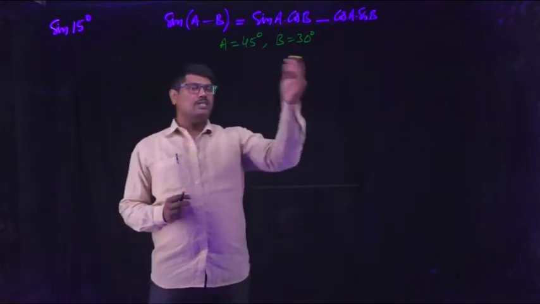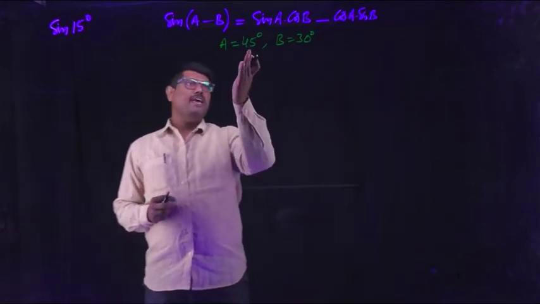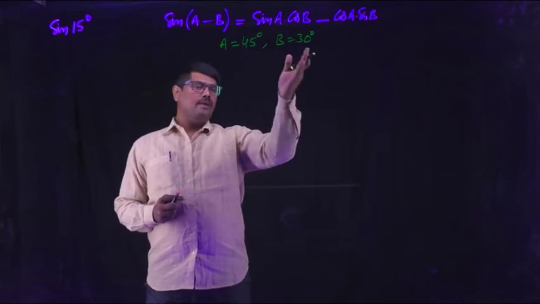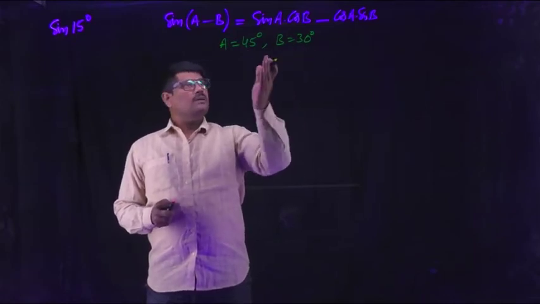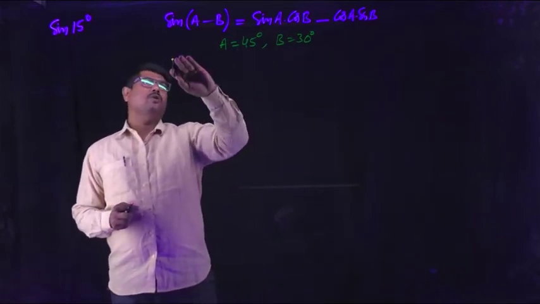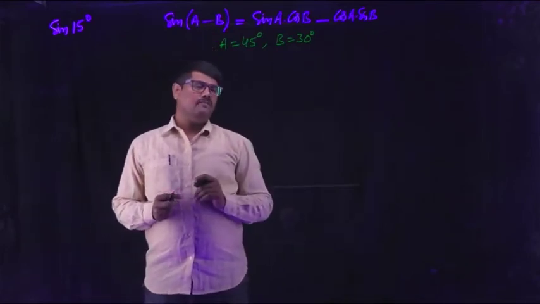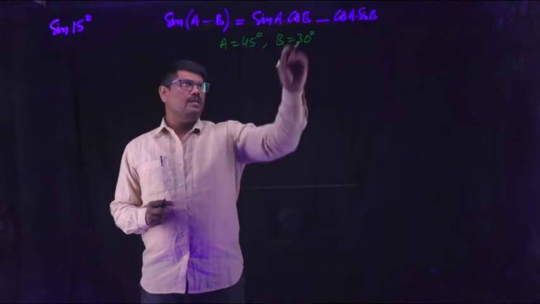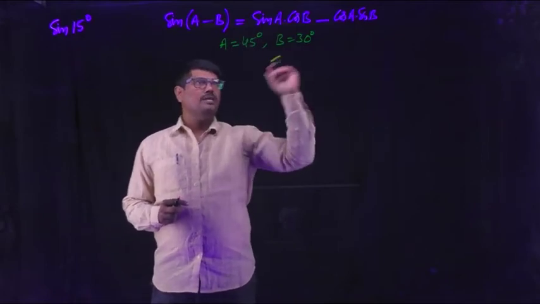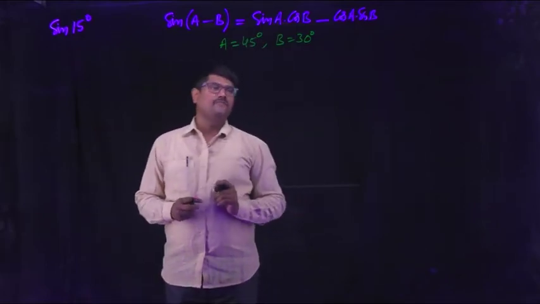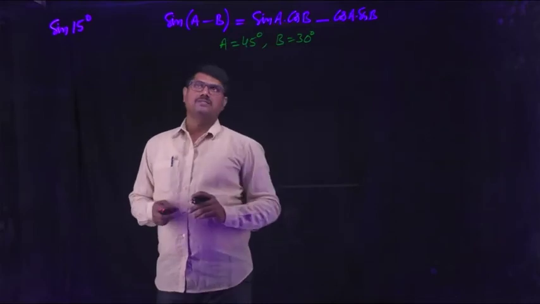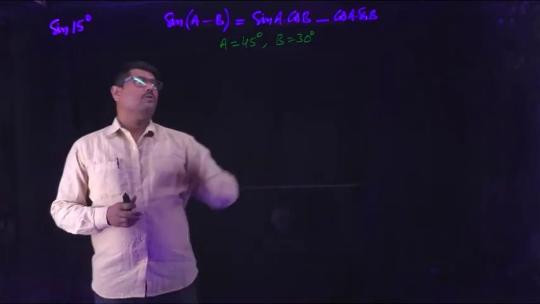Or you have another choice also. Take A value 60 and B value 45. Then you will get 60 minus 45, again 15 degrees. So by considering A is 60 and B 45, you can find sine 15 also. Now let me do this.